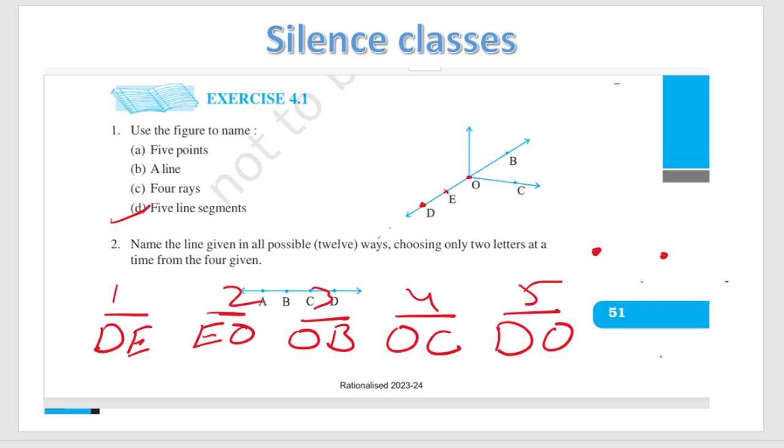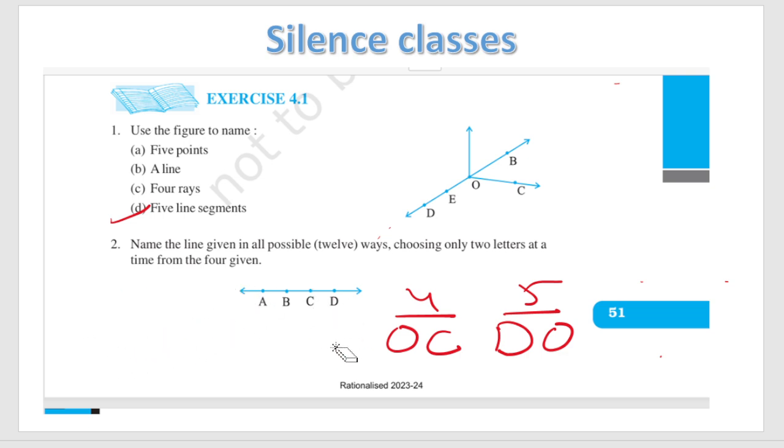More line segments are there, like E and B, but we have to find only 5, so we have already done it. I hope you guys understood. It is very easy.